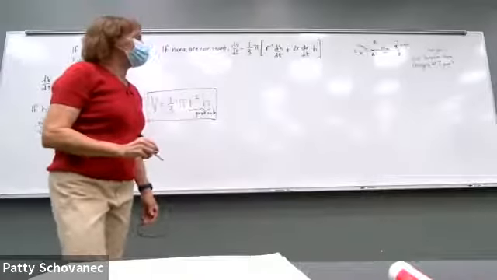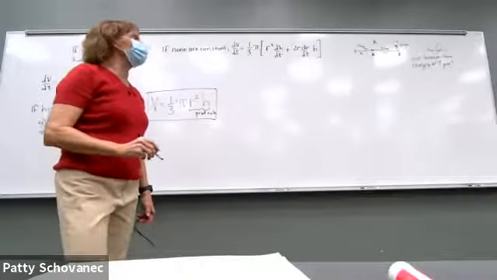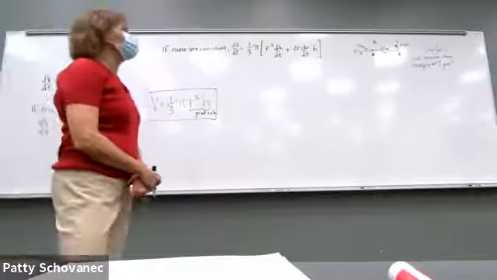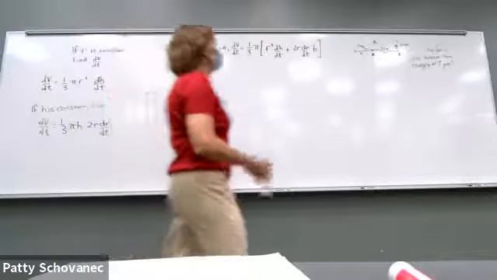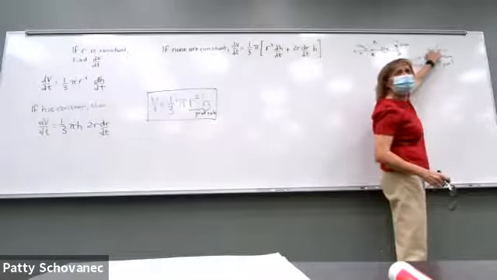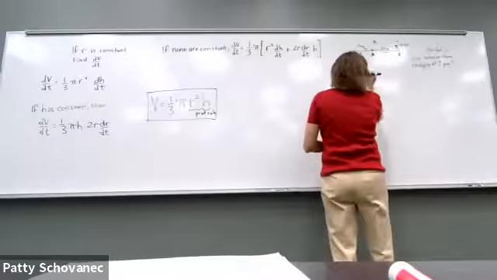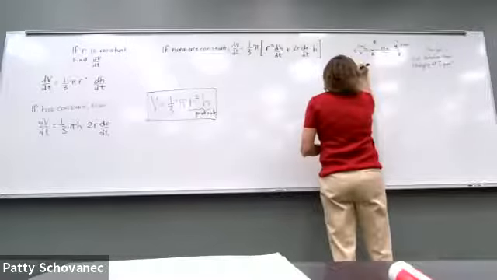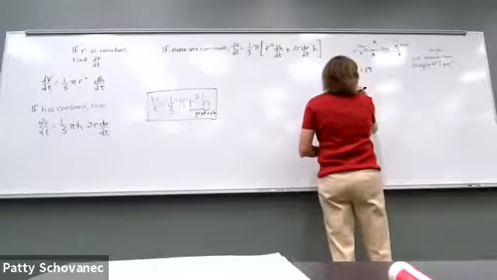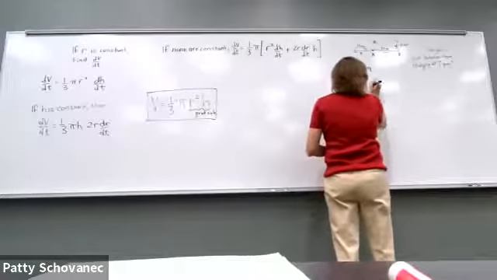So that 18 represents dy dt. The 19 is dx dt. And we're looking to find dz dt. So we're given dx dt is 19, dy dt is 18.